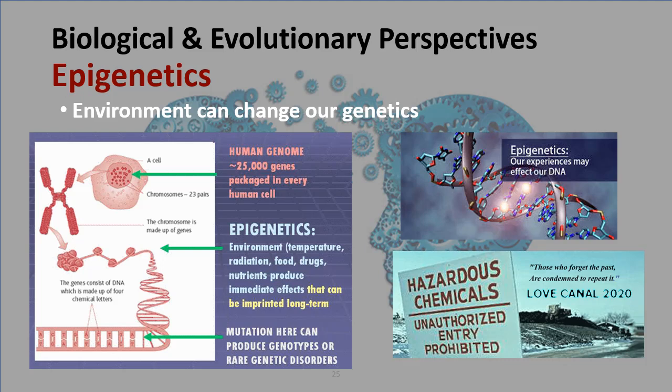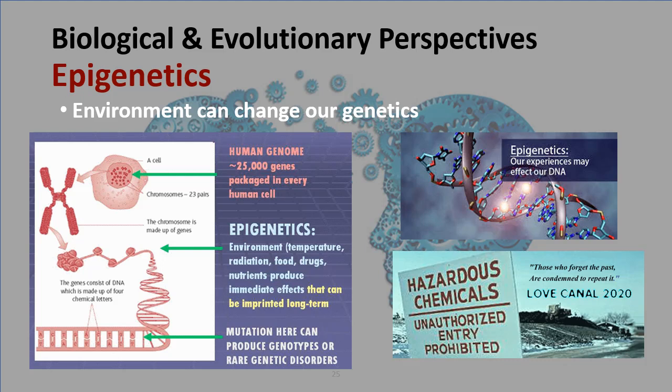What ticked them off was the cancer levels in the people there. All sorts of dire cancer situations were involved. And what happened was that the two generations following the Love Canal have also shown a tendency towards cancer.